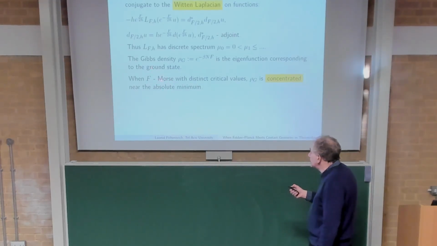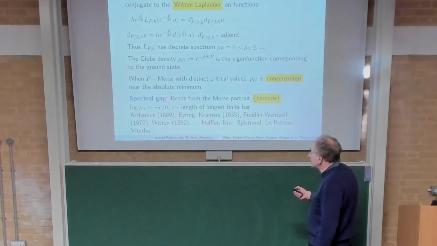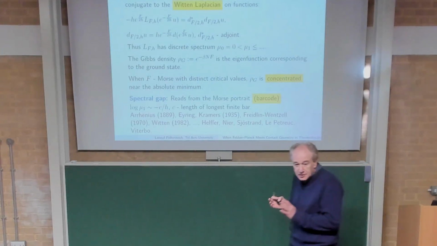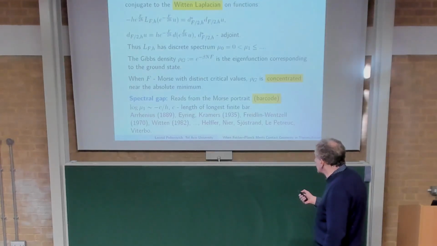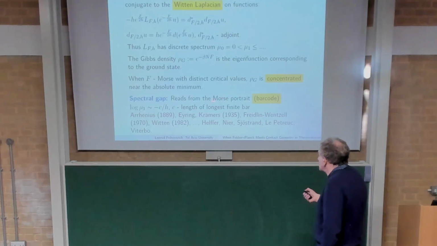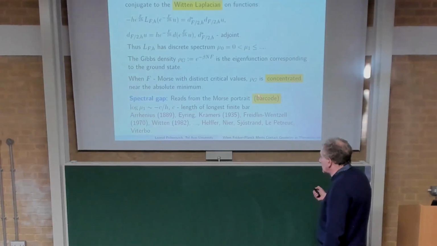And that's a very exciting story because this ground state is concentrated near the absolute minimum, but there is a spectral gap. The spectral gap will be important for our understanding. It can be read, at least asymptotically, from the Morse portrait, from the barcode.